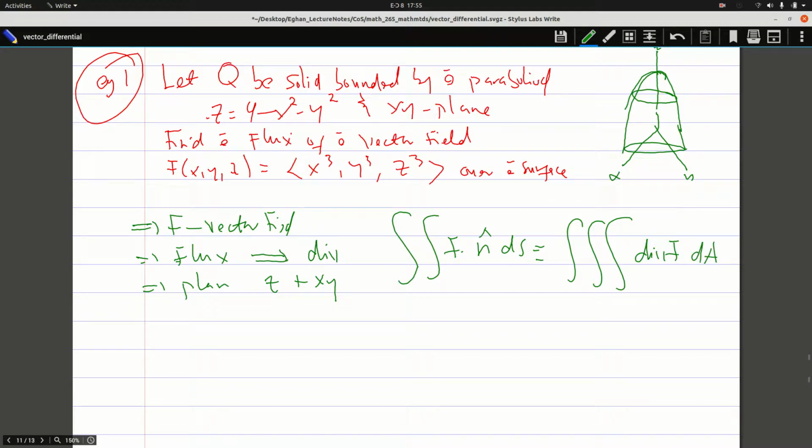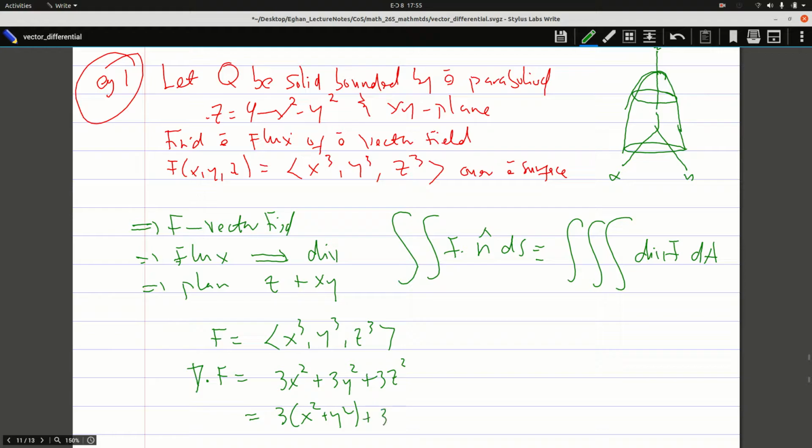So how do we find this? What is the div? My f is given as x cubed, y cubed, z cubed. The divergence, that is the dot product with f, is going to be 3x squared plus 3y squared plus 3z squared. If I want to simplify this, I take 3 out: x squared plus y squared plus z squared.